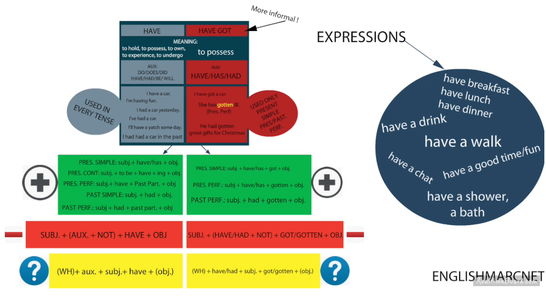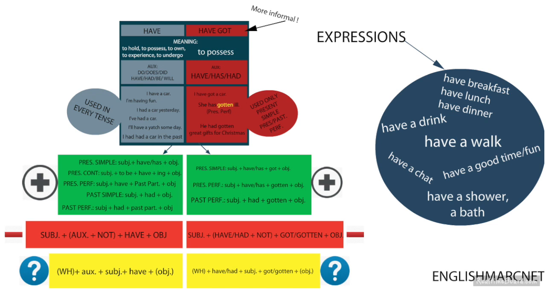For a positive sentence with have got, the present simple, you need to use the subject plus have or has if it's the third person plus got plus object.